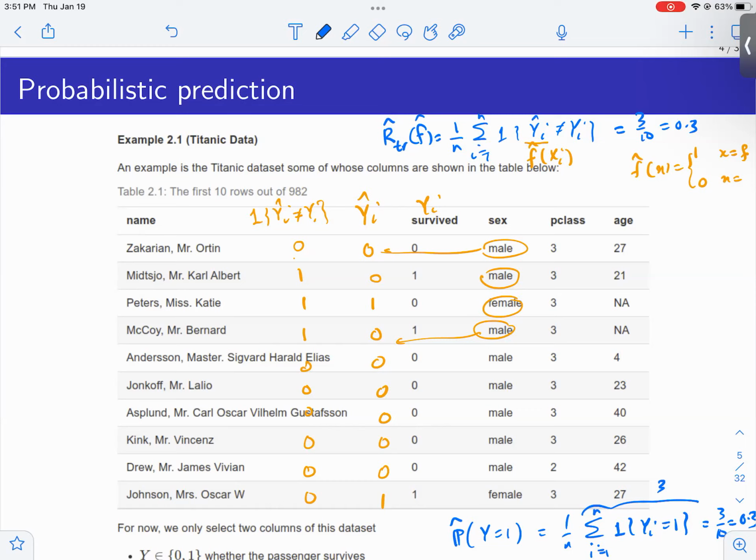Again, if you go back to the probabilities that we calculated to arrive at that rule, the conditional probabilities, the joint probabilities, all of them used this calculation here. So you went over all the male cases and found the proportion of the survived ones, and then over the females as well. So this is using the data to calculate those probabilities. Those probabilities went into constructing your classifier. So the classifier depends on the training data, and you're evaluating it on the same data set, which is the training data.